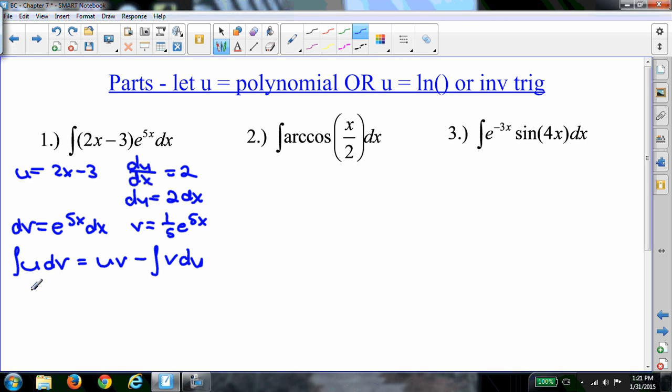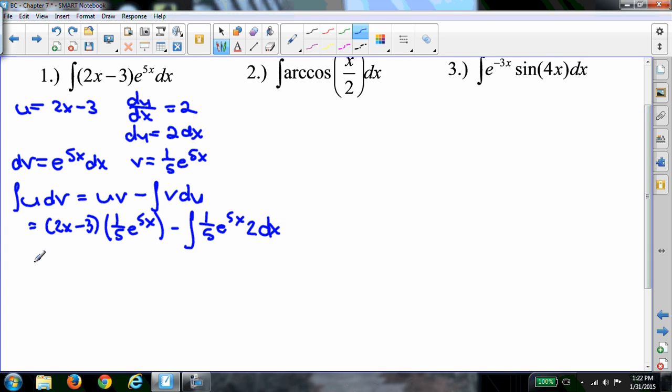So substituting this in, our u is 2x minus 3, our v is 1/5 e to the 5x, minus the integral of v, 1/5 e to the 5x, times du, which is 2 dx. Consequently, through integration by parts, half of our integral is completely solved now. 2x minus 3, 1/5 e to the 5x.